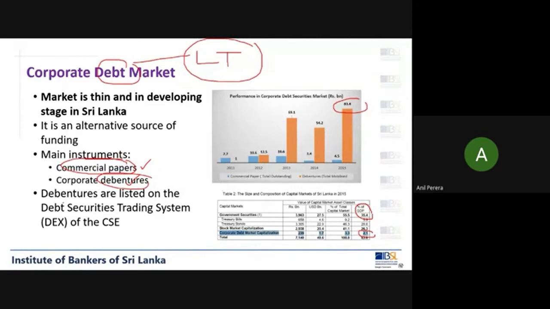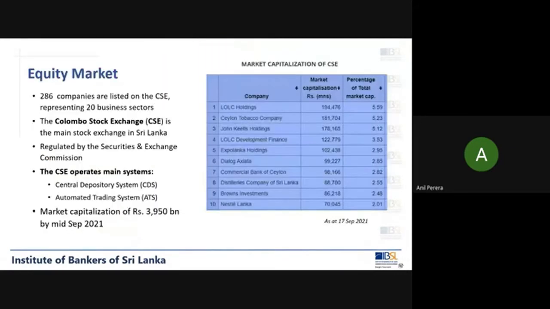So debentures are listed. Commercial papers are not listed. Here I have given you the details. Debentures are listed on the debt securities trading system of the CSE. CSE means Colombo Stock Exchange. So this market has a large room to grow. There's a large space to develop this market, the corporate debt market.